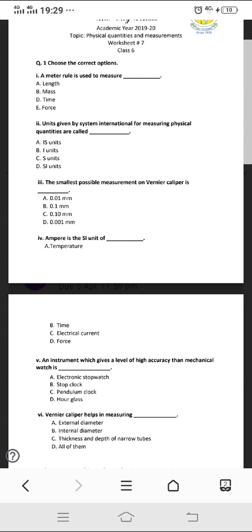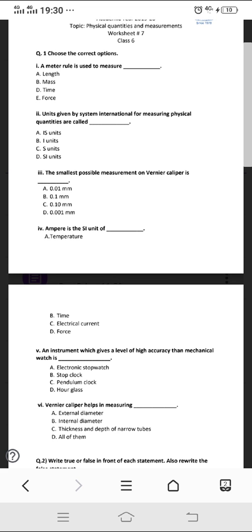Now a centimeter is a bigger unit compared to a millimeter, right? So we have to convert 0.01 centimeter into millimeter. When we convert it, it becomes 0.1 millimeter. So 0.01 centimeter is 0.1 millimeter. So option B is the correct answer.